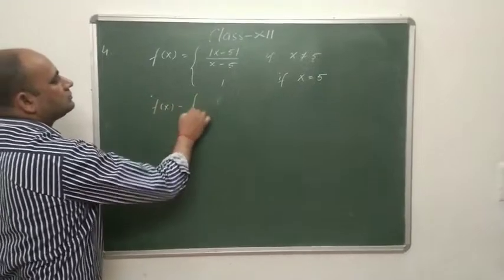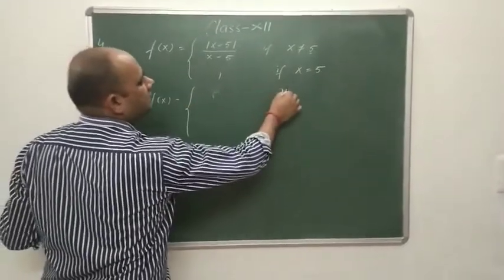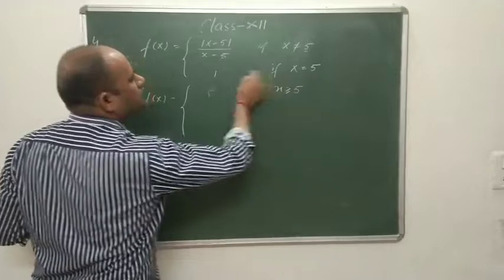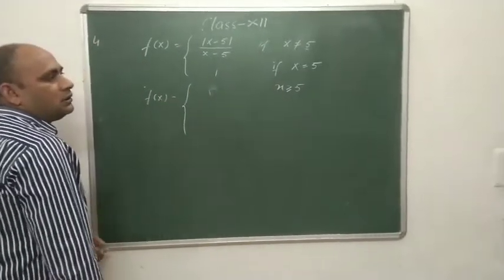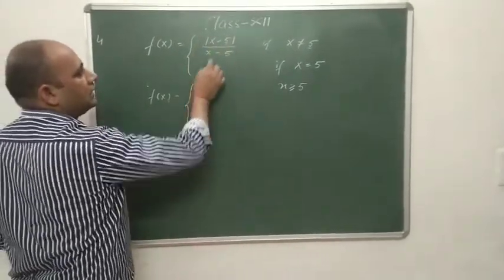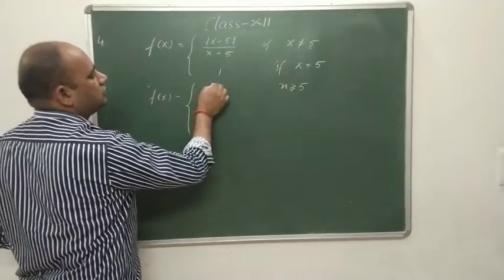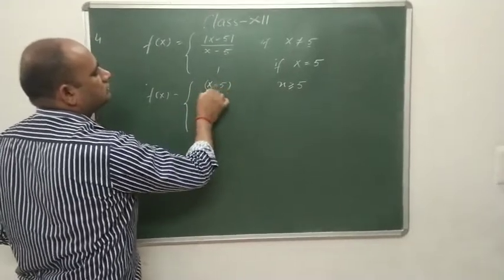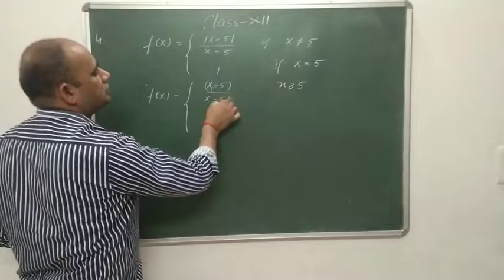f(x), when x is greater than or equal to 5, modulus x minus 5 is positive. The denominator is also positive.